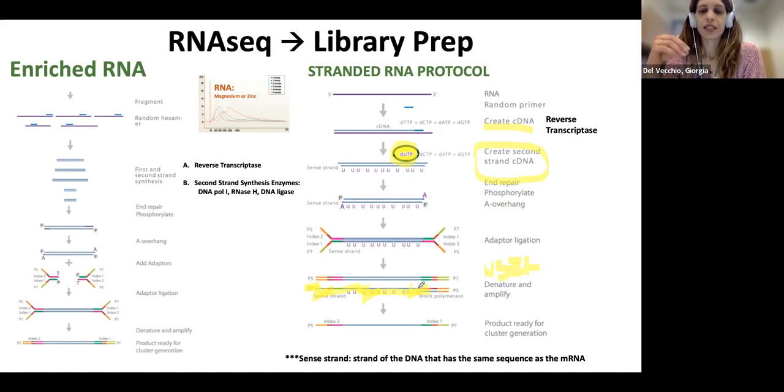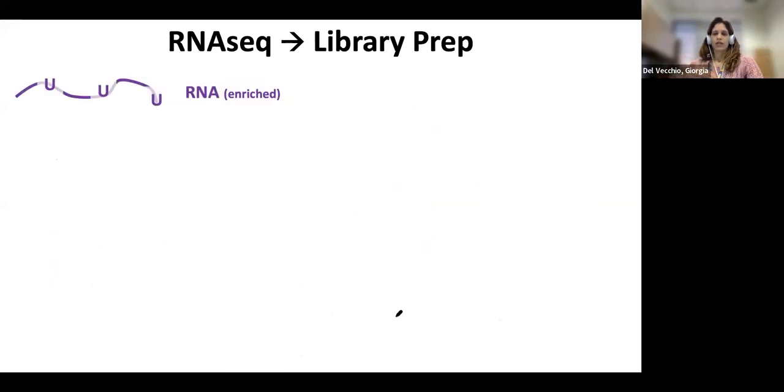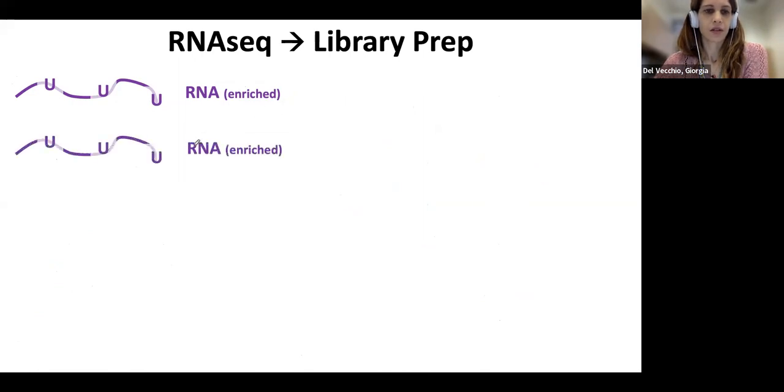So if we, in this case, use a DNA polymerase that is not able to use the DNA with uracils, we will only amplify the strand that doesn't contain the uracils, okay? So what's the advantage of that? So here is our starting RNA, okay? Then we perform the first strand synthesis, okay?